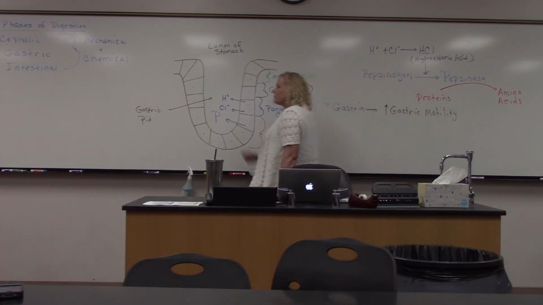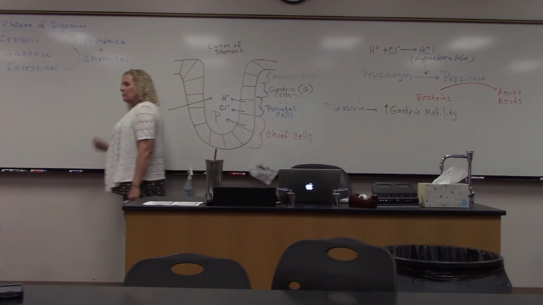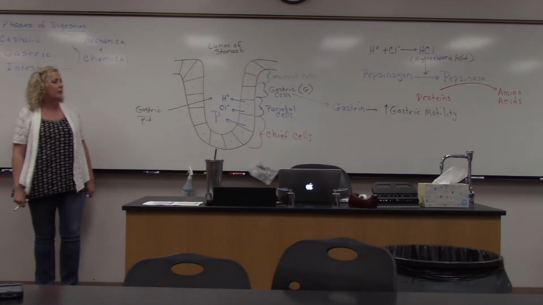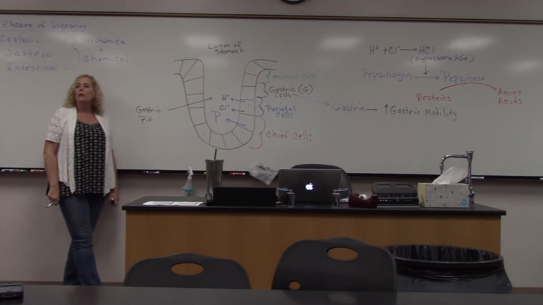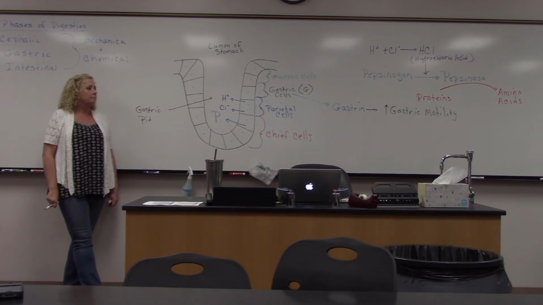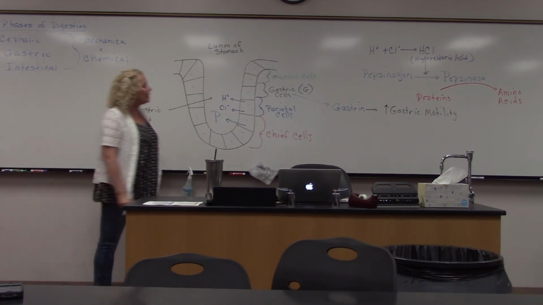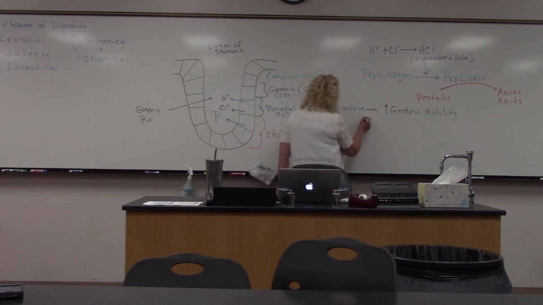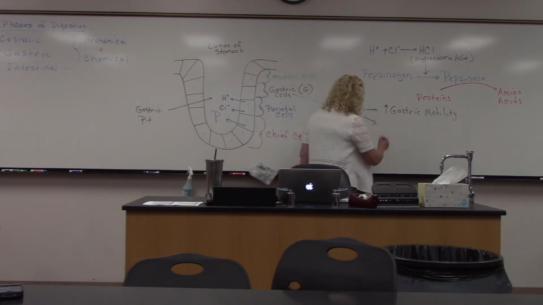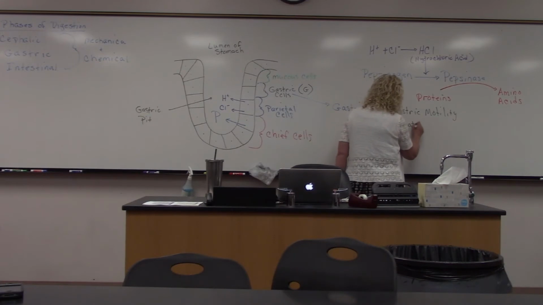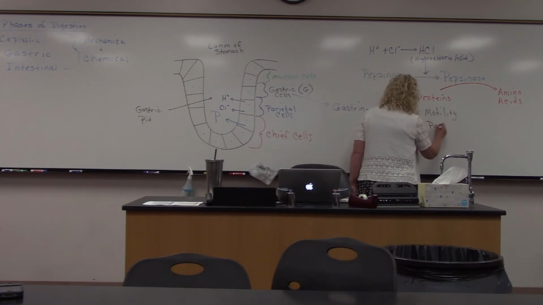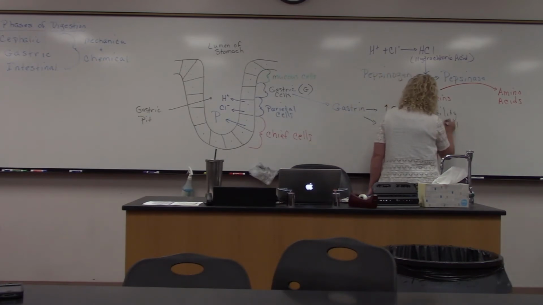So it makes the stomach muscles contract, just like the parasympathetic nervous system. This helps to make the stomach muscles contract for digestion. The other important job of gastrin is it is what stimulates the parietal cells to secrete hydrochloric acid, or at least one of the things.